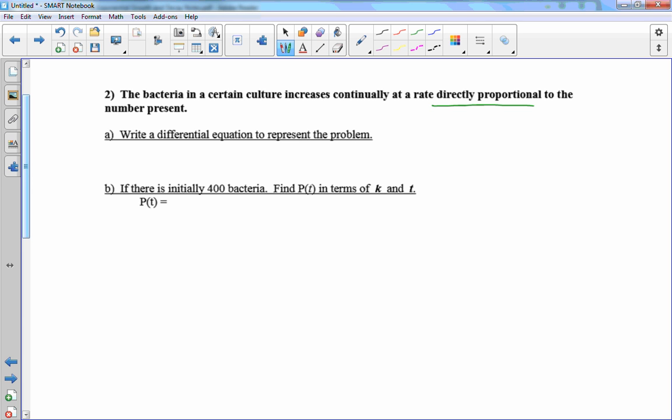Differential. So we should have something that looks like a derivative, maybe. A differential equation that represents the problem of this bacteria increasing continuously at a rate directly proportional. We've actually written this equation earlier. Does anyone know what we write?